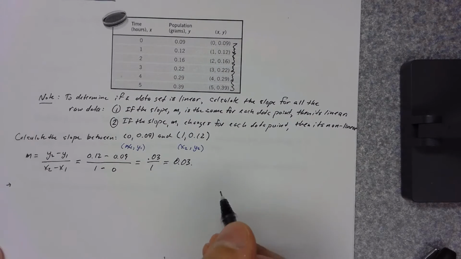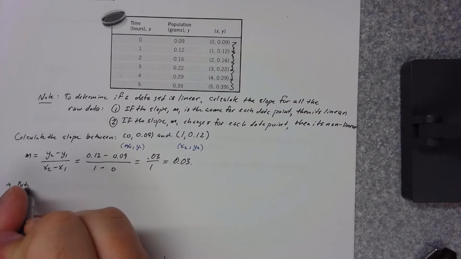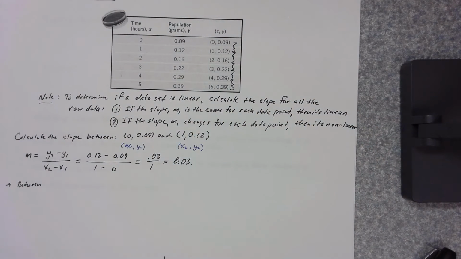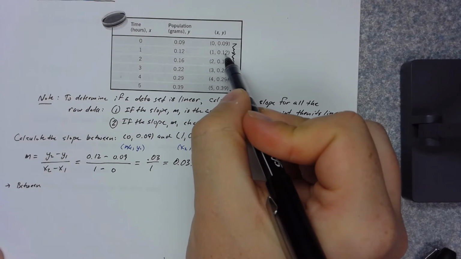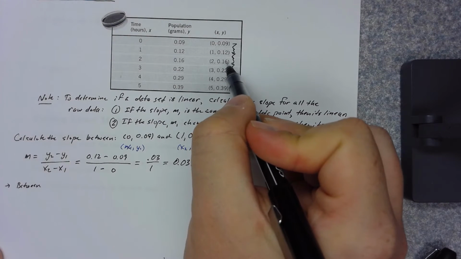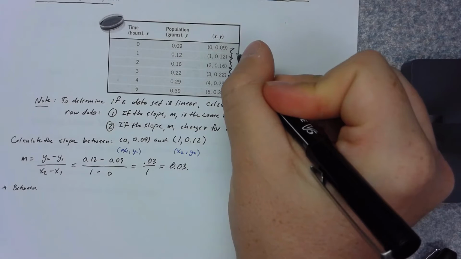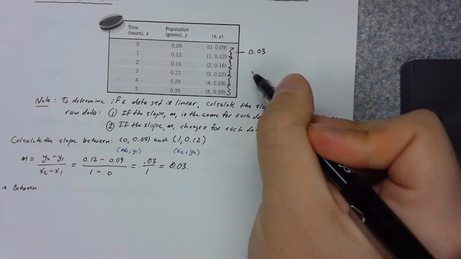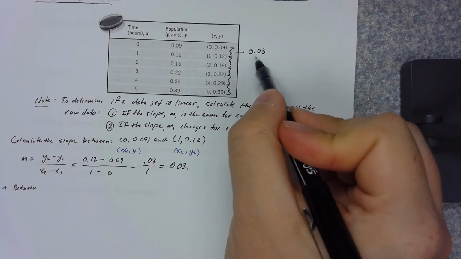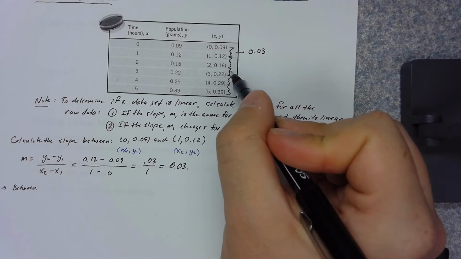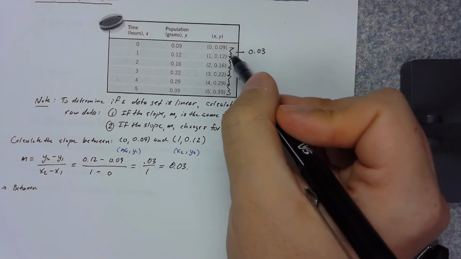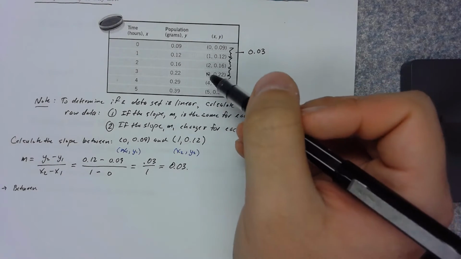Alright, so now let me do this again. Now I'm going to do it for the next set of data. So this will be my next point, and this will be my next point. So the slope here is 0.03. In order for this to be linear, this needs to be 0.03 between each data point. That would mean I have a constant rate of change, which means I would have a linear data set.